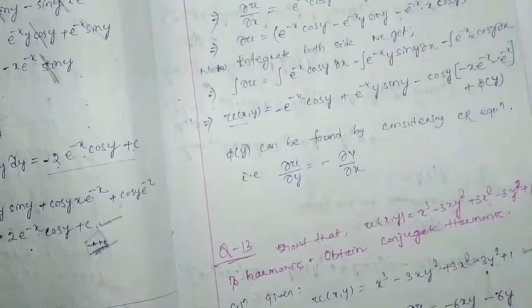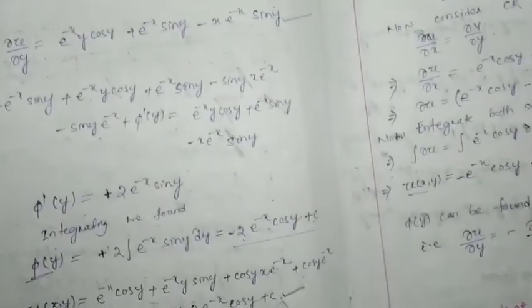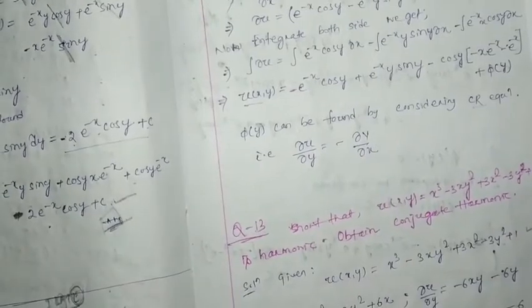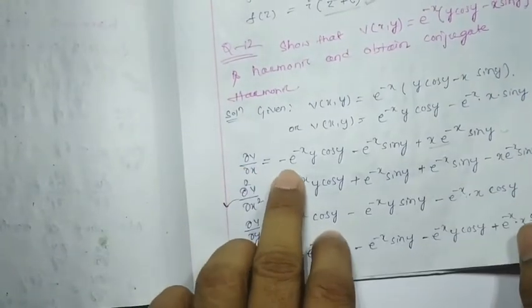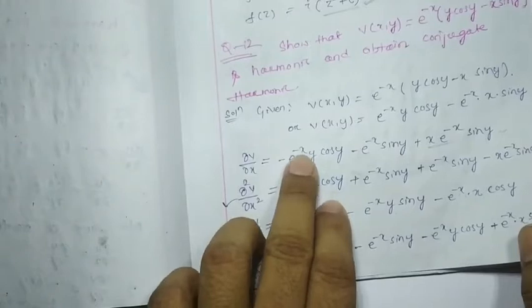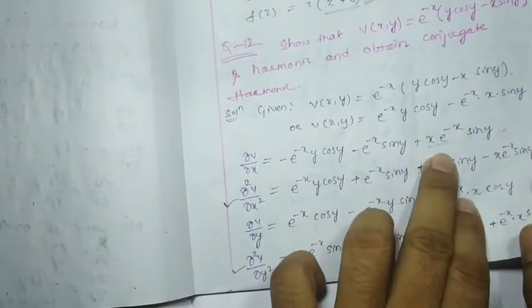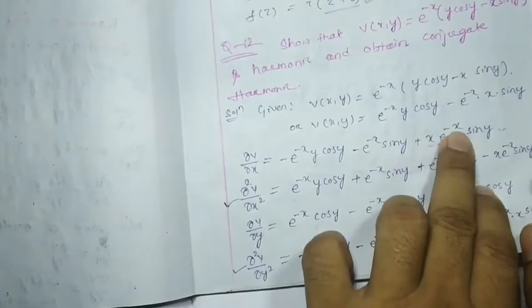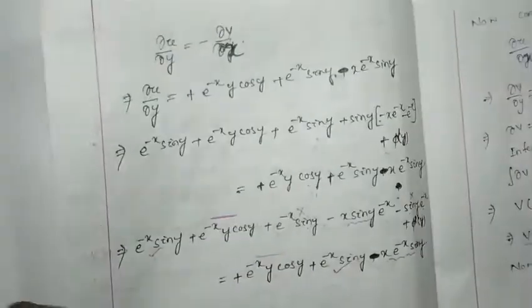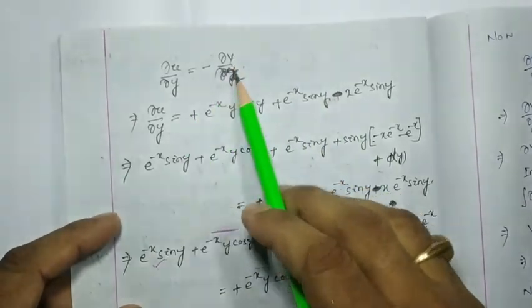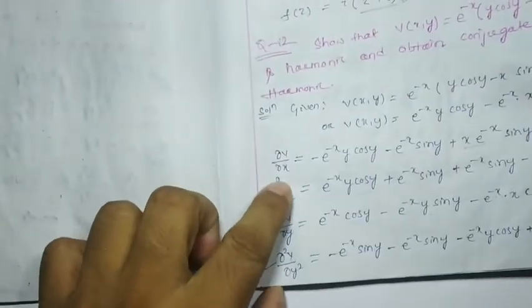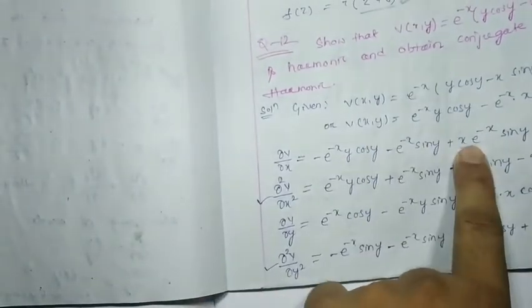Here del v by del x we already got. So minus del v by del x means this will be plus and this will be minus.